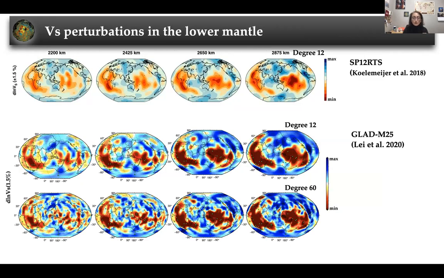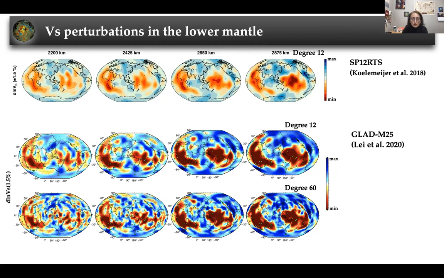And this is a comparison of GLAD M25 to degree 12 normal mode data from Paula Koelemeijer. This is just to highlight how GLAD M25 compares to normal mode data, because we didn't use any normal mode data in our simulations. This is the S-wave speed perturbations in the lower mantle, and this is a degree 12 version of GLAD M25 and a degree 60 version of GLAD M25.